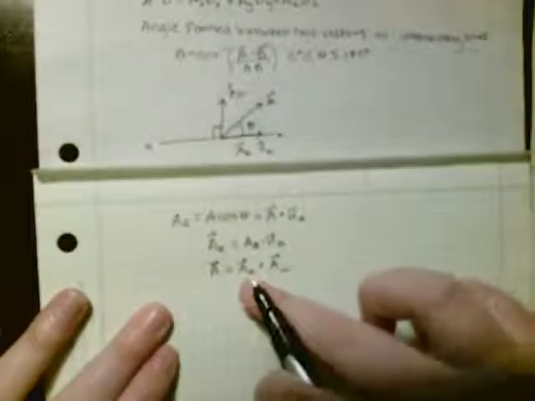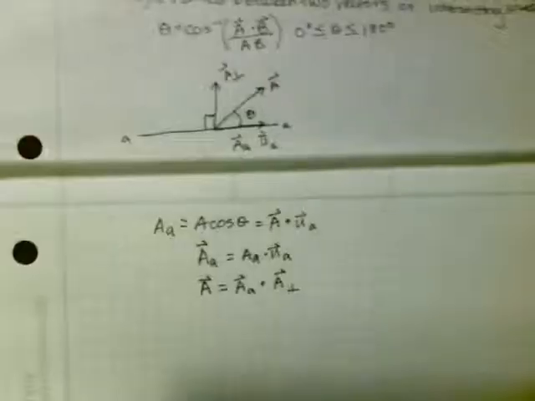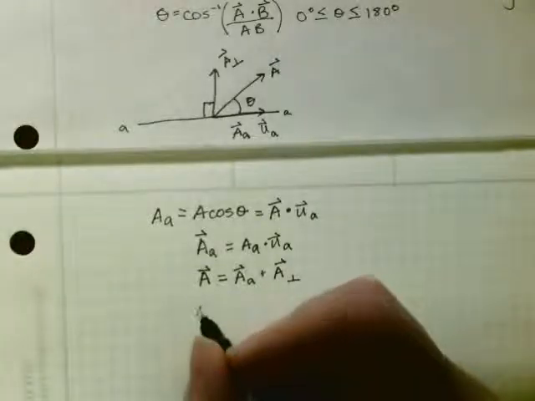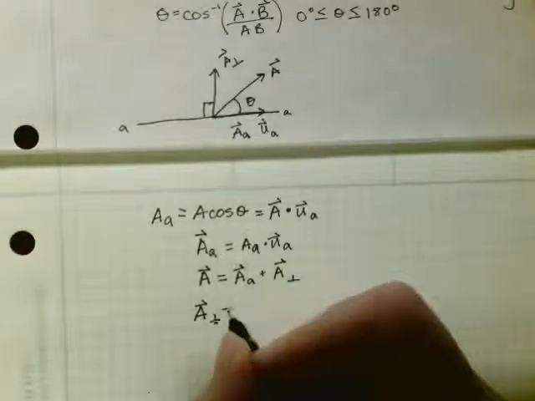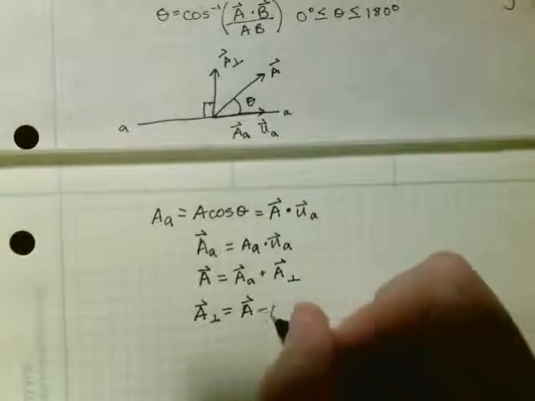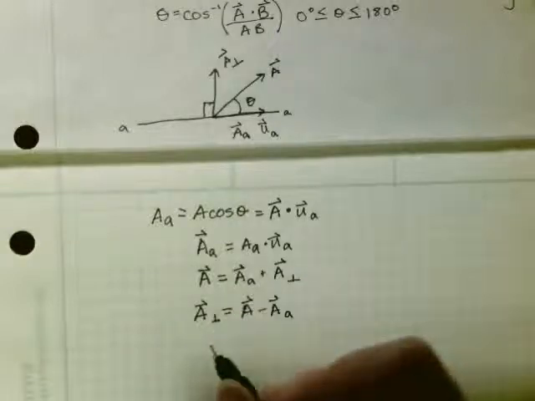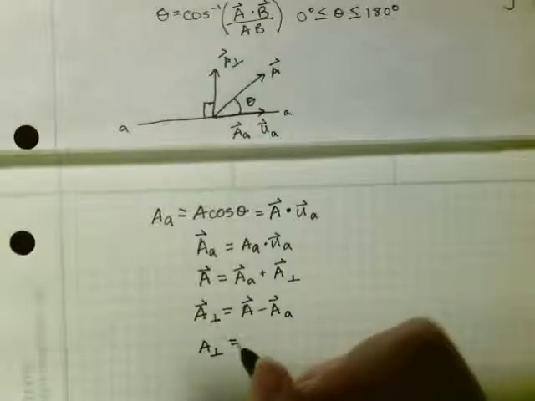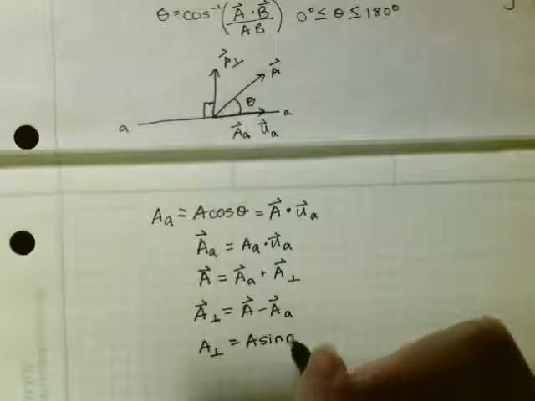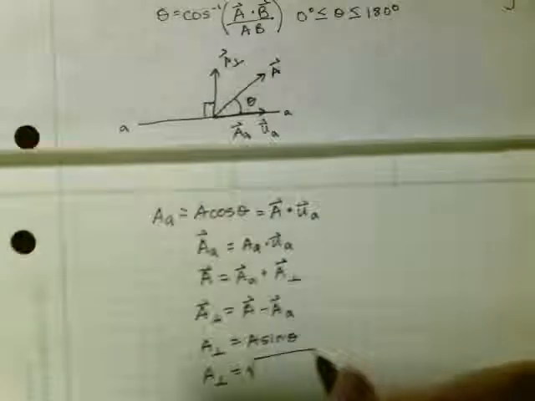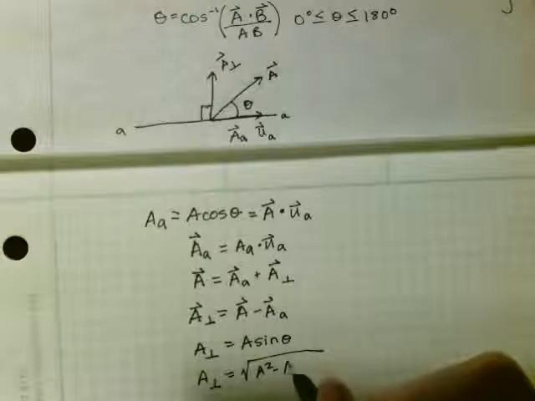That's basically what we've been doing in all of these, where you're putting A into its x and y components. Now if we're looking at the perpendicular component, we can find that it is the vector A minus the vector A parallel, such that the magnitude of the perpendicular component is equal to A sine theta, or it can also be written as the square root of A squared minus A parallel squared.